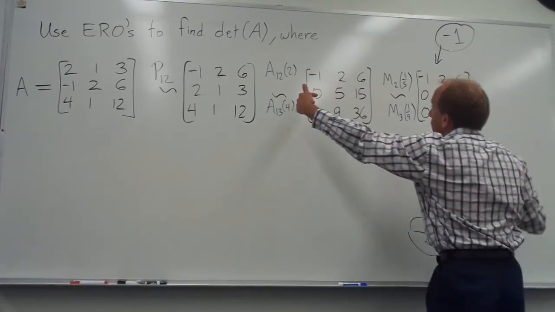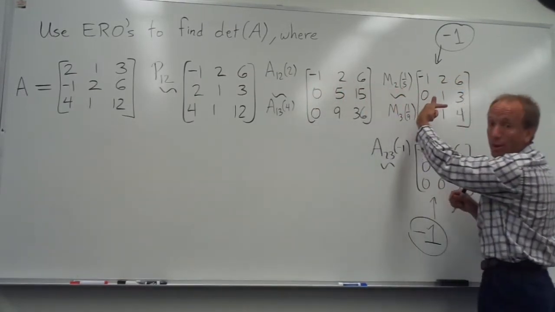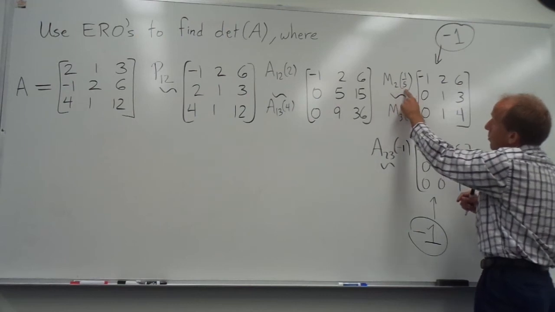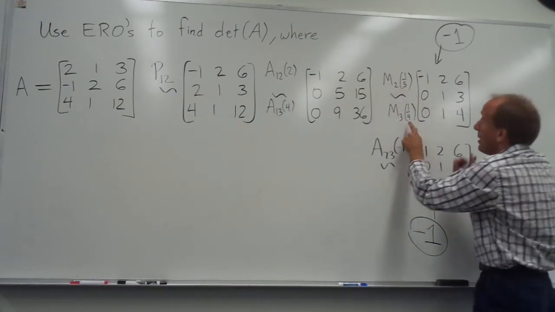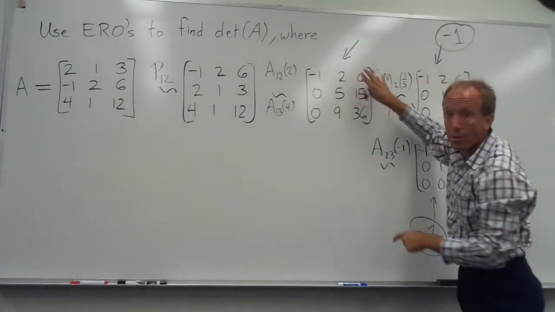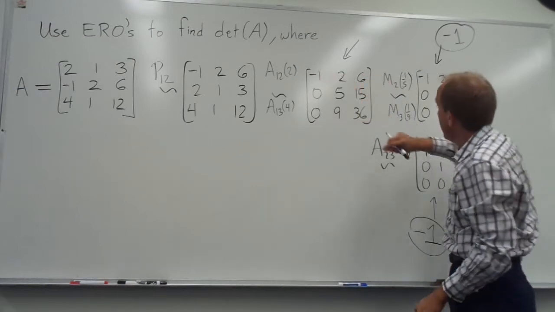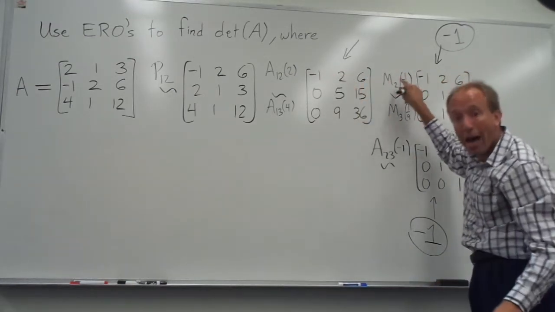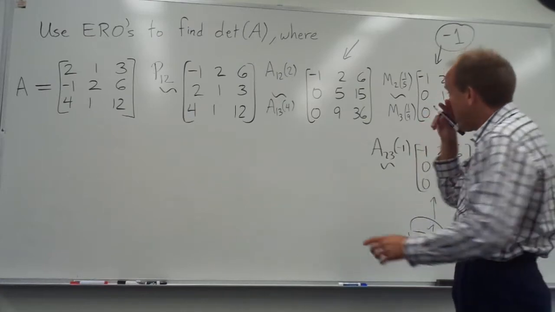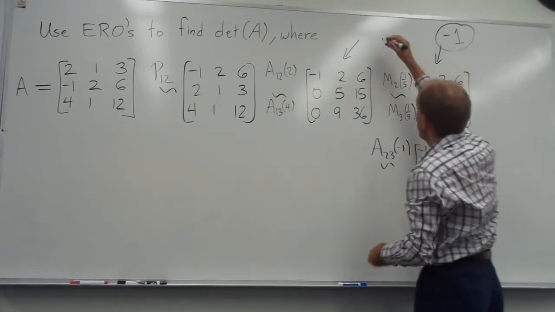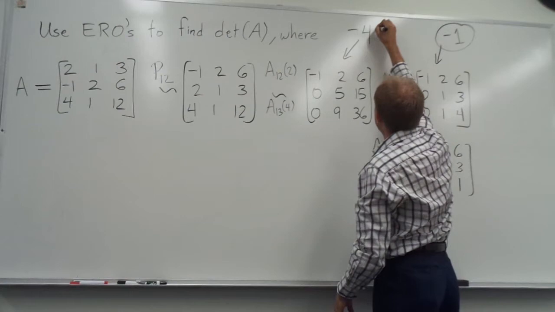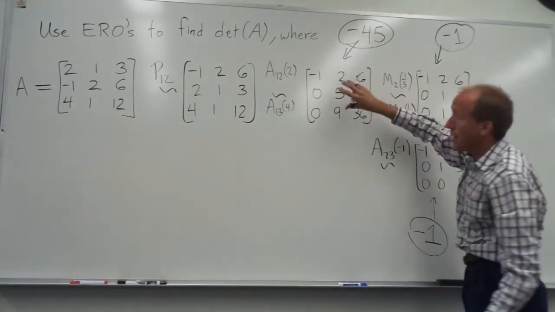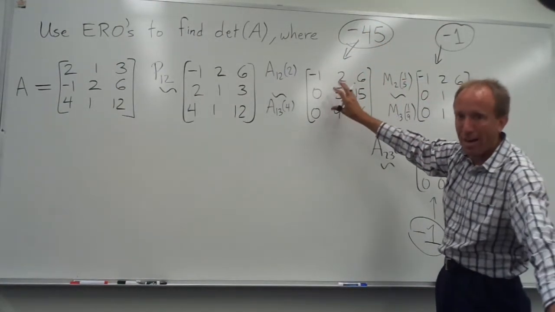When I went forward and I applied my EROs, I was multiplying by 1/5 and 1/9. But that means that when I go backwards to find the determinant of this matrix, I need to multiply by 5 and 9. Right? I'm taking the reciprocals of those factors. So 5 times 9 is actually 45. So this matrix has a determinant of -45.